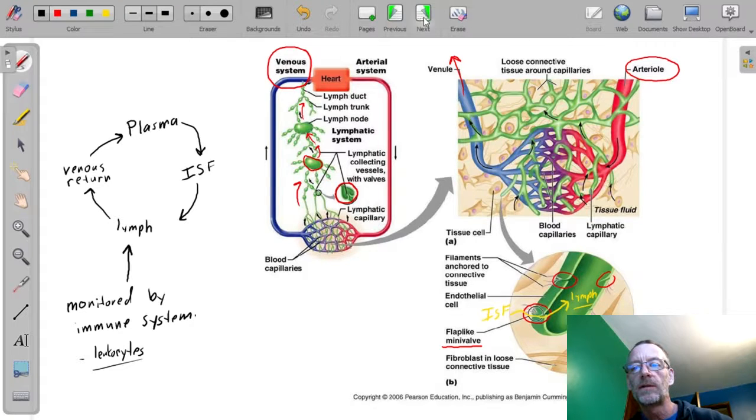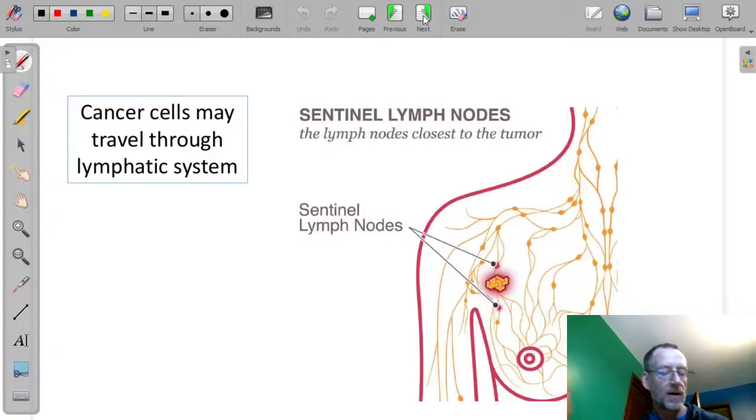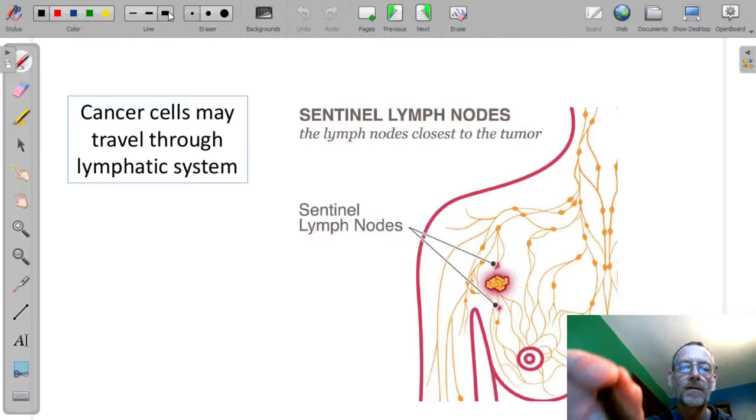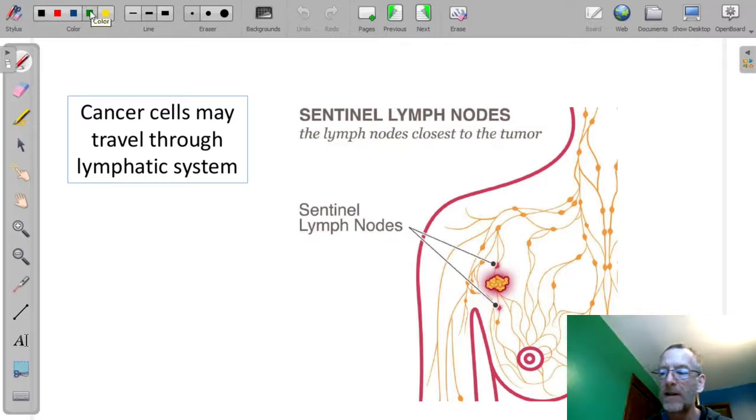The next figure is just looking at the role of the lymph system and implications with cancer. So scattered throughout the body here are lymph nodes, and they're connected by lymph vessels.